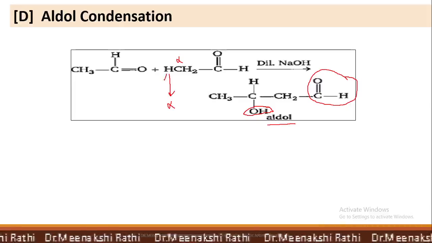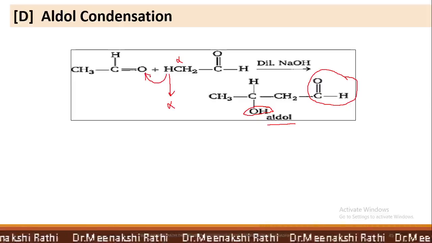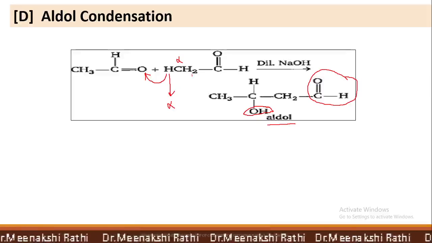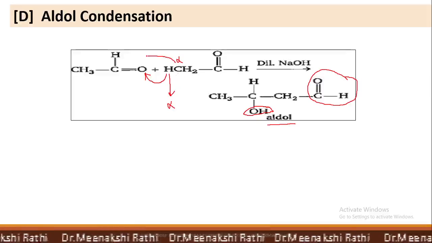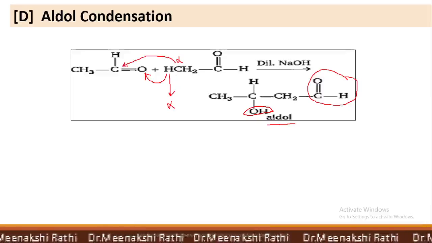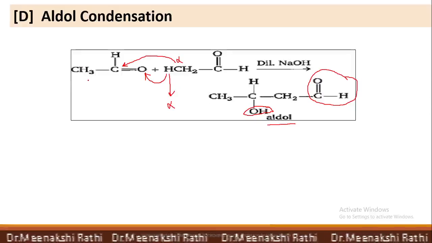During this reaction, the alpha hydrogen atom of one molecule gets added to the carbonyl oxygen of the second molecule, and the alpha carbon attaches to the carbonyl carbon of that molecule. So here what will happen?